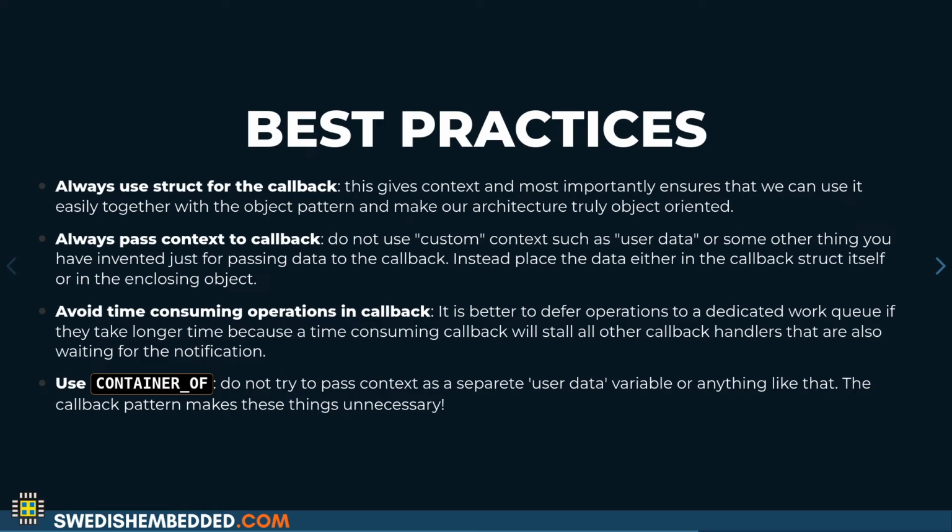You basically have to always be attentive to how you pass this data around. But when you make sure that you just embed this structure into your observer, then you can simply use the container off and get your address. So it's very simple. Always pass the context to the callback.